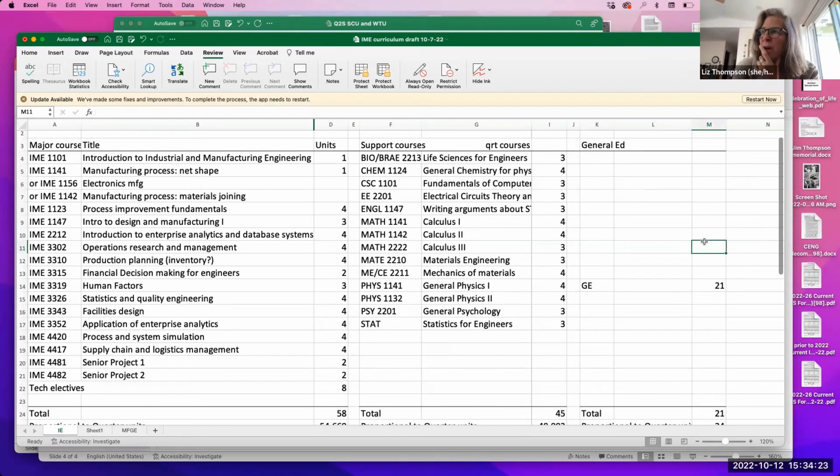We are imagining we'll have 3 fewer units required of general ed, but no one really knows where or what that's going to be. And we're probably not going to know that until 2024 or 2025. So we're a little bit blind in this general ed area, just in case you're wondering why that's completely blank. A little bit silly, but it's what we are doing.